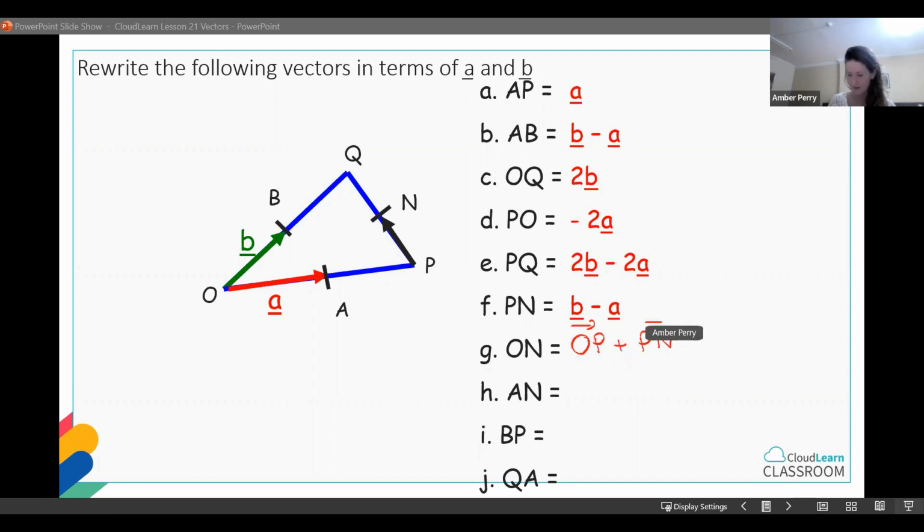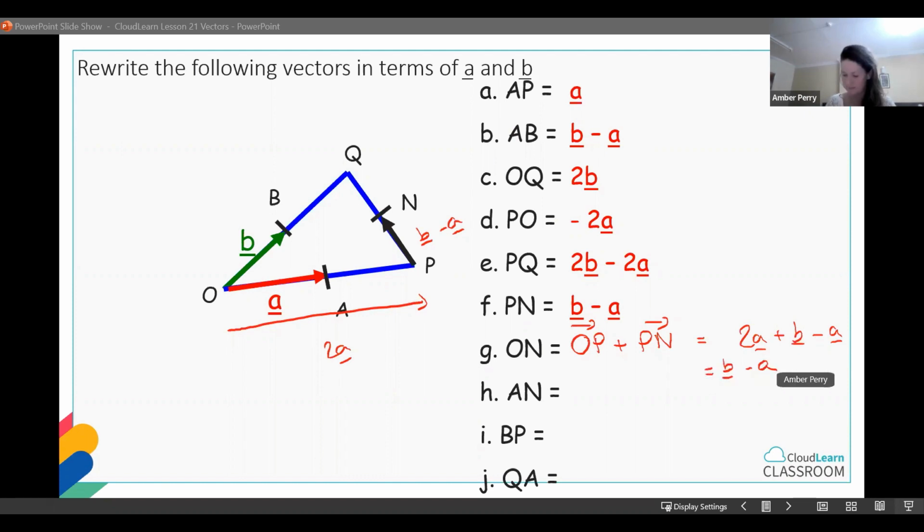OP is A plus A, so it's 2A, and PN is B minus A. So ON is 2A plus B minus A. I do now need to simplify. 2A minus A is just A, so it's B minus A.